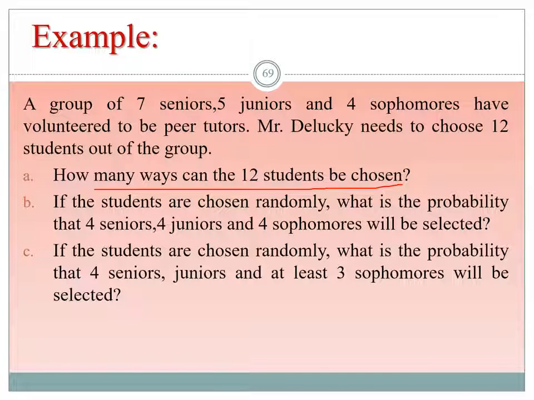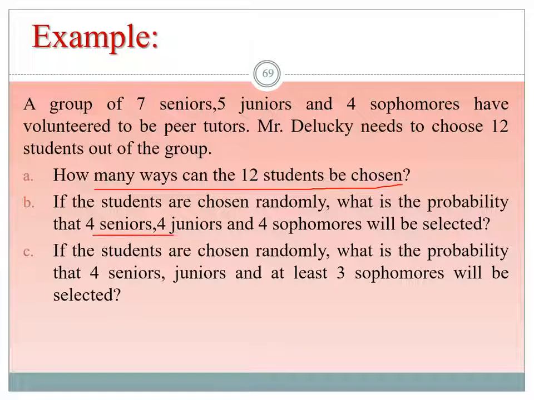In this case we have 16 students in total. Without any restriction, how many possible ways are there to select 12 students? So 16C12. Second, if the students are chosen randomly, what's the probability of exactly 4 seniors, exactly 4 juniors, and exactly 4 sophomores?